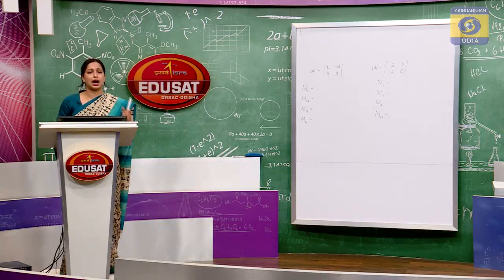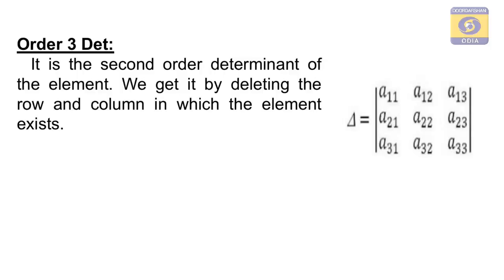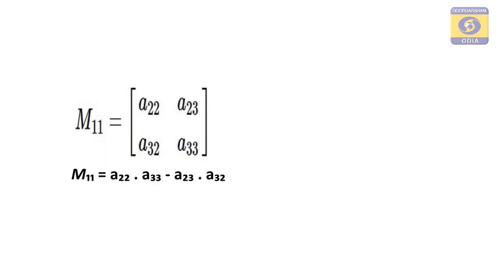Now, let us see how to find the minors of each element. Let us say A11. A11 lies in the first row and first column. So, we delete the first row and the first column, and the resultant 4 elements contribute to its minor. The resultant elements are A22, A23, A32, A33. In the next slide you can see that the minor of A11 is made of A22, A23, A32 and A33.